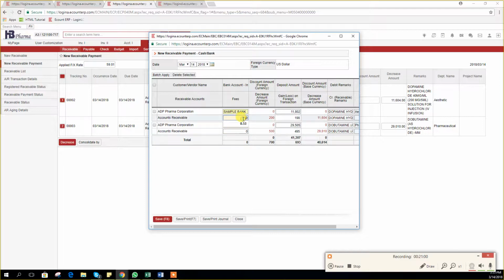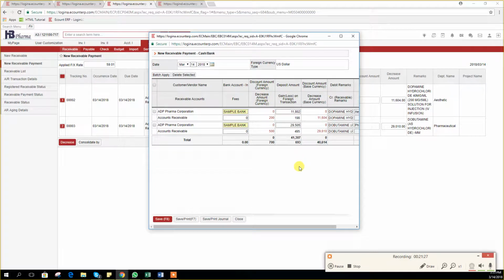This one is the bank charges when you receive money. If you receive money maybe through PayPal or something, you might get bank charges for that. This is the date that you receive the money, this one is going to be your discount account in foreign currency, and the payment in foreign currency is going to go here.